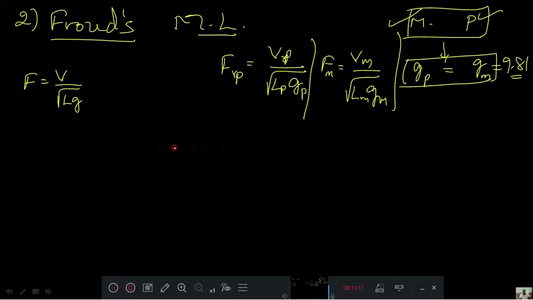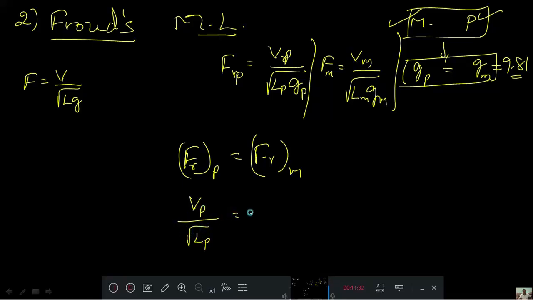Now what the model law says is that the Froude number for the prototype and the Froude number for the model must be the same. Means what? Vp by root Lp is equal to Vm by root Lm. This must be maintained, and further you can reduce it like this.